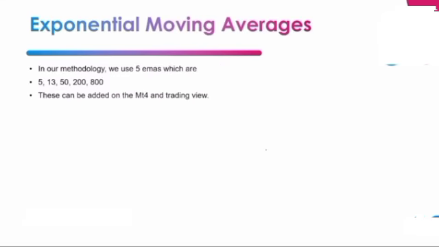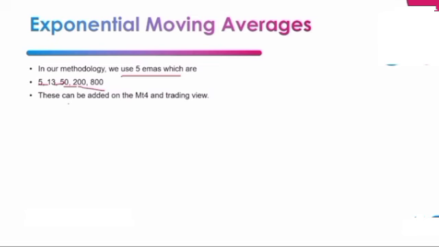Then we are now in the market maker indicators, the exponential moving averages that we mentioned at the start of this course. In our methodology, we use 5 EMAs, which are 5, 13, 50, 200, and 800. And these can be added on the MT4 or TradingView.